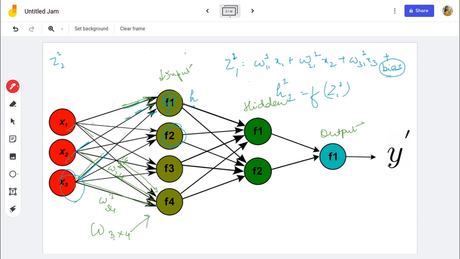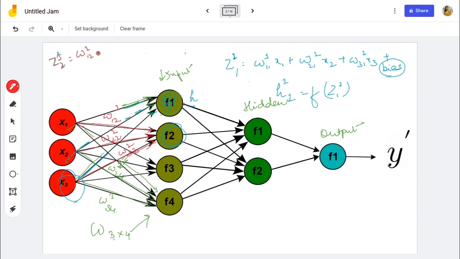So we have X1 going in. What will be the weight? W12 superscript 1. X2 going in. W22 superscript 1. And X3 going in. W32 superscript 1.